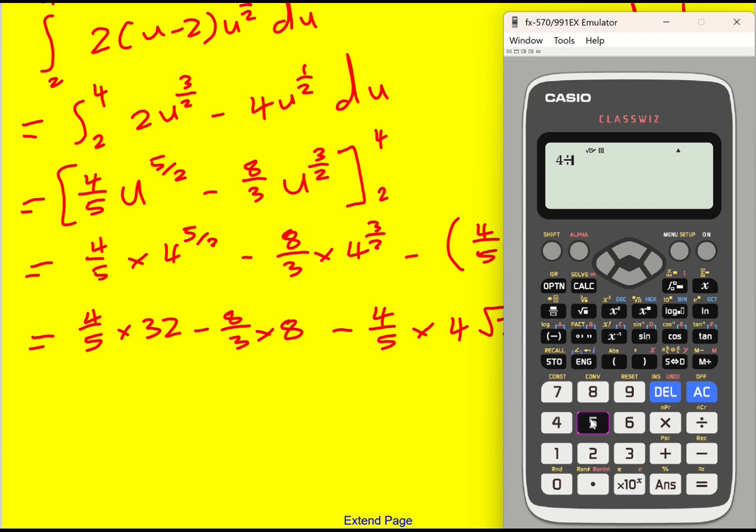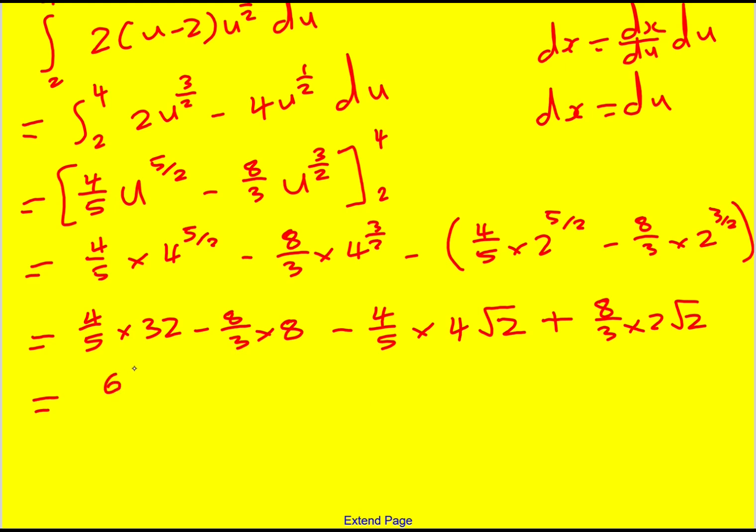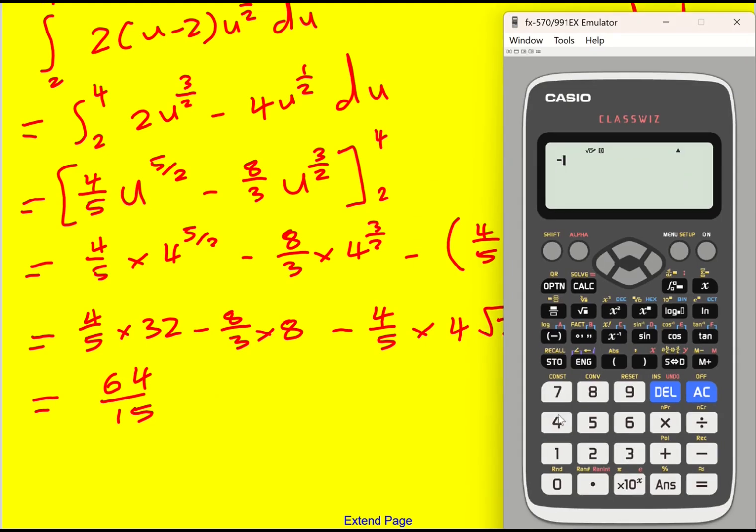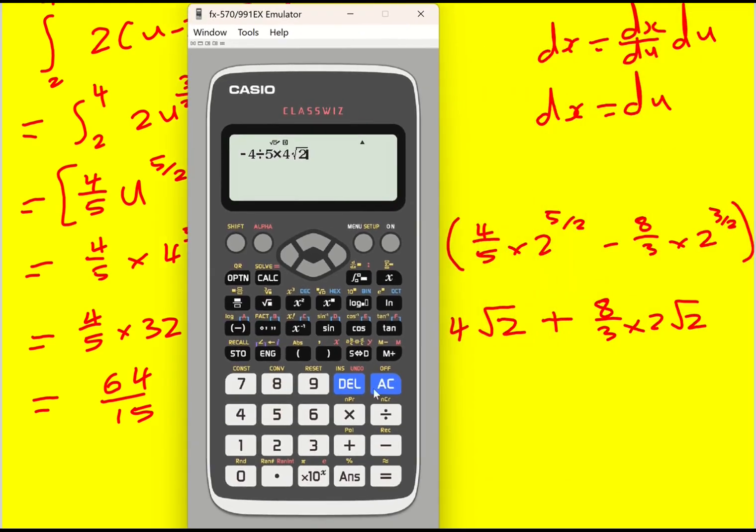Bring this together, so 4/5 times 32 minus 8/3 times 8 gives me 64 over 15 as before. Then I've got minus 4/5 times 4√2, make sure it's outside of the root, plus 8/3 times √2.